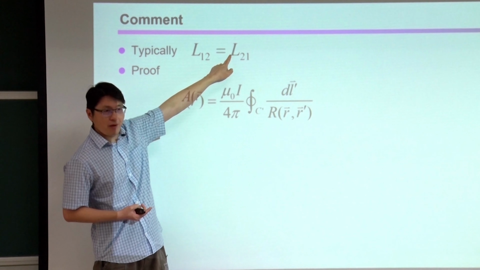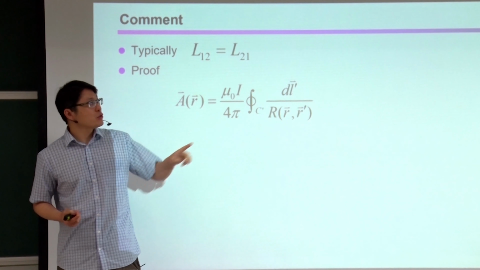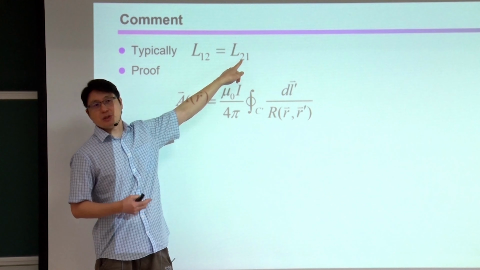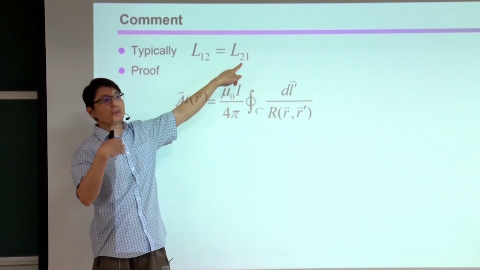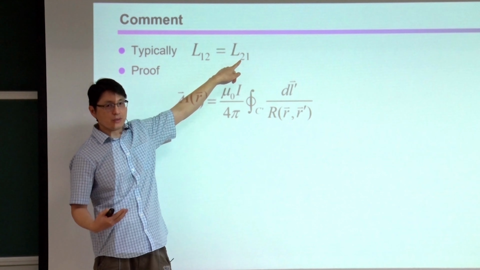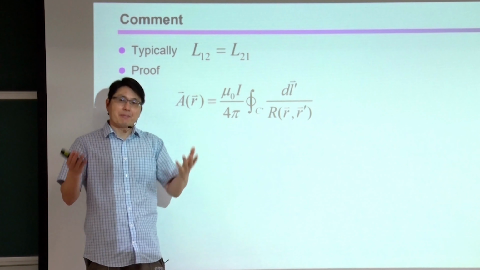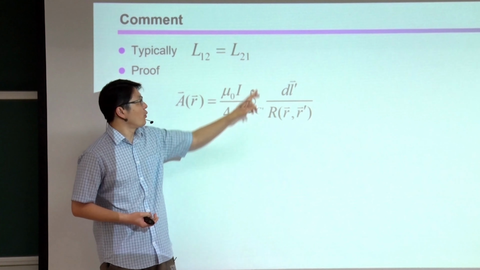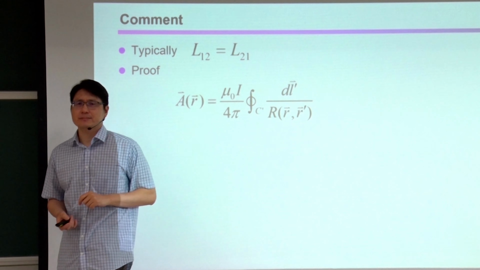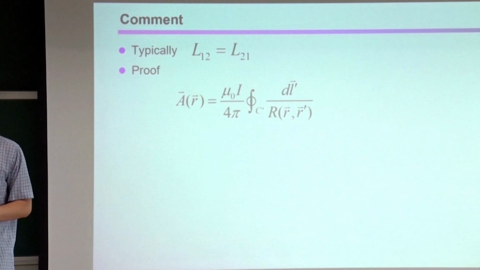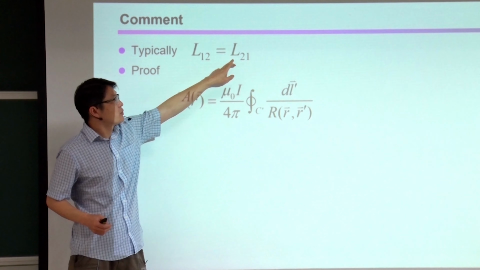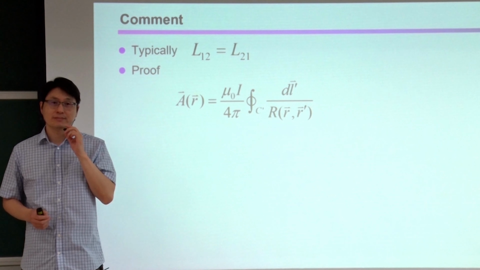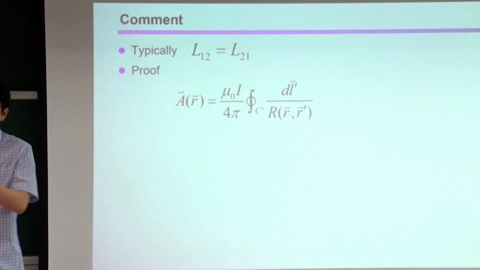In this case, you have L21. L21 meaning loop number 2 is having its operational current, generating its field lines, and some of them are shared with loop number 1. So the bigger issue is, does L12 equal L21? I mean, what are your thoughts?